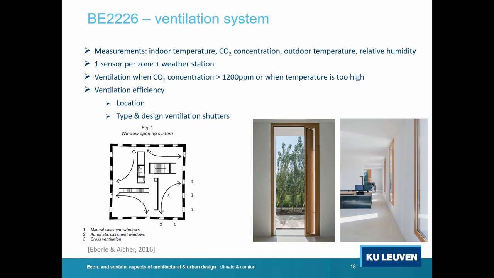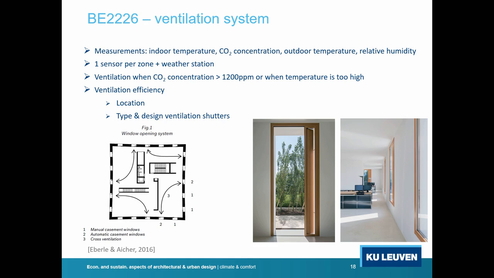So the ventilation panels open automatically when the CO2 concentration is higher than 1,200 parts per million, and that's the level for indoor air quality. When it's higher, it's not good for human beings, for concentration, for example.